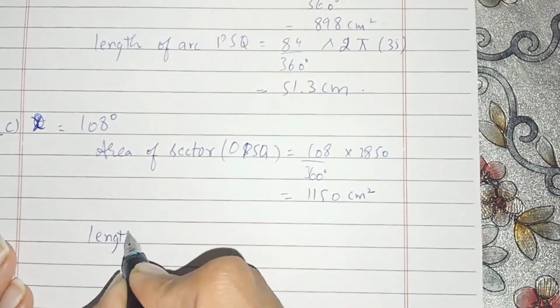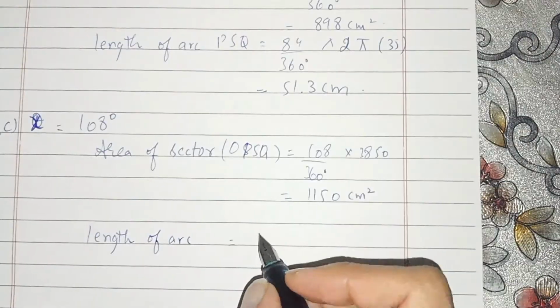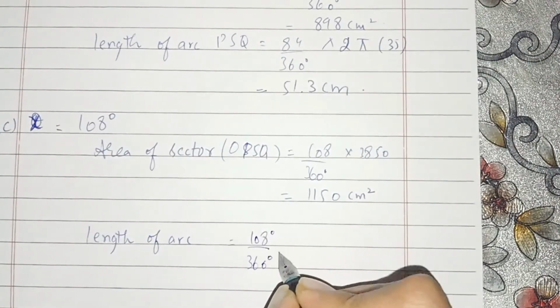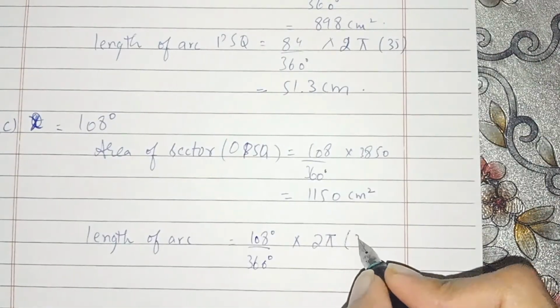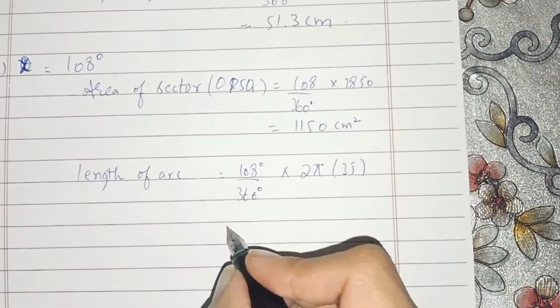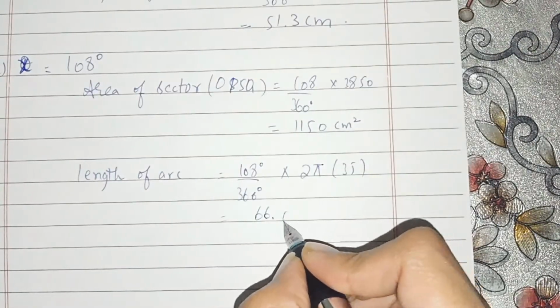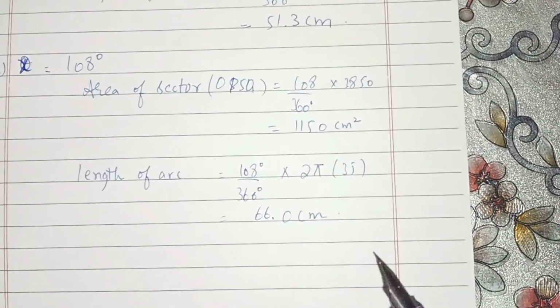And length of arc is equal to 108 over 360 degree multiply by 2 pi r, which is 35, and by solving it we get 66.0 centimeter. And now students, this is the answer.